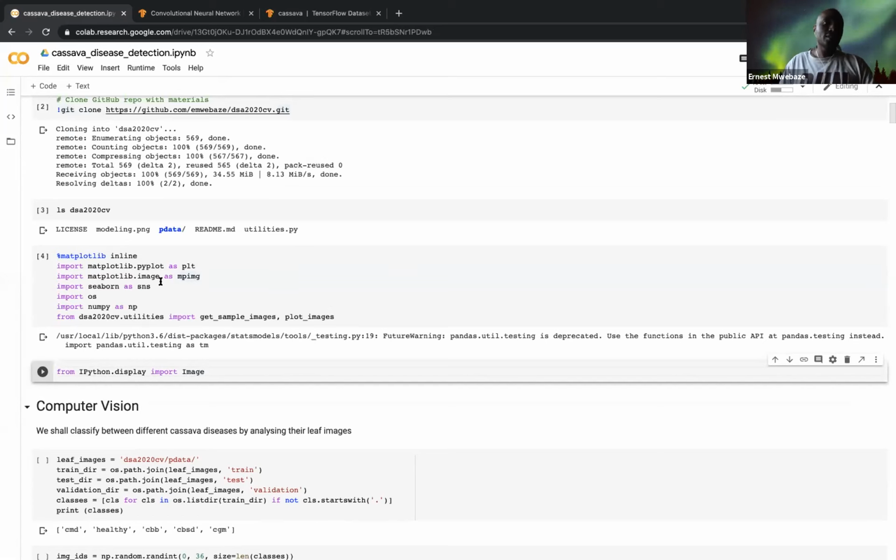Seaborn is not too necessary here, but it's for making the plots look a certain way. NumPy is numeric Python classes, and then you have some utilities in this utility.py file to get images for the different classes and plot them.